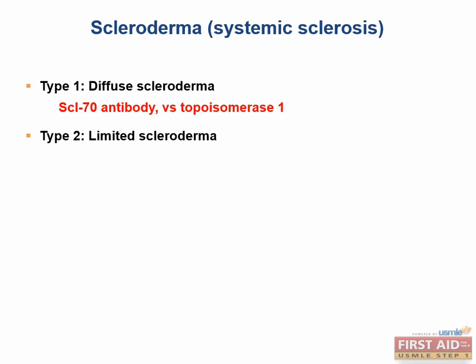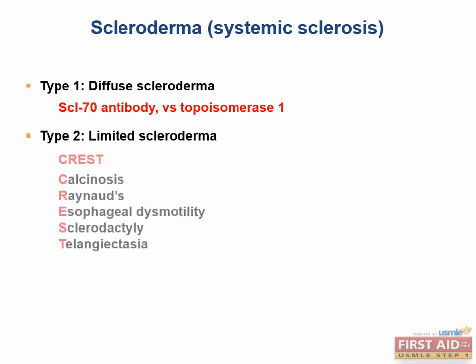The second type is a form of limited scleroderma, which affects certain areas more specifically. This is called CREST syndrome, and stands for calcinosis, Raynaud's phenomenon, esophageal dysmotility, sclerodactyly, and telangiectasia. Usually these patients have fewer skin findings than people with diffuse disease, and if they do, tend to see it on their fingers and face.